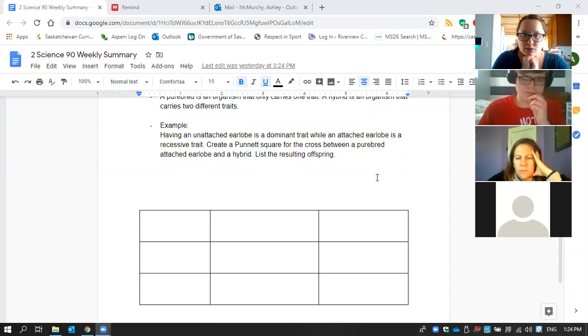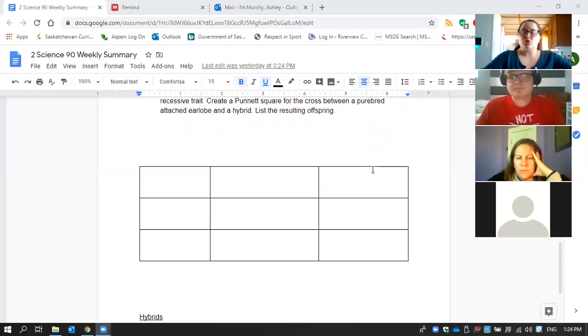We're going to create a Punnett square for the cross between a purebred attached earlobe and a hybrid, and then list the resulting offspring. As a quick side note, when we talk about the resulting offspring, it doesn't mean it's going to have 4 offspring and these are what will happen. It really talks about the chances of the offspring having these traits.